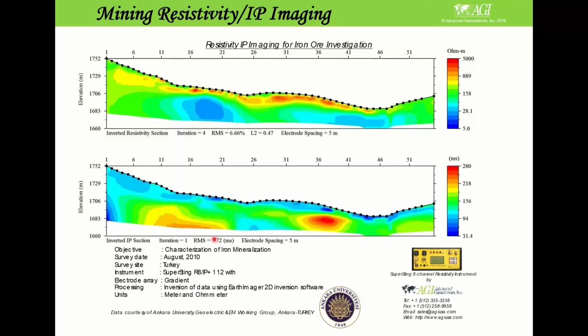But sometimes you're also looking for high resistivities and high chargeability zones. There are some mineralization areas, like granites, where it gives high resistivities, and there are some gold nuggets inside, it also gives high chargeabilities. But this is not the one I'm talking about. This is just for the iron ore, which gives you low resistivity, high chargeability.